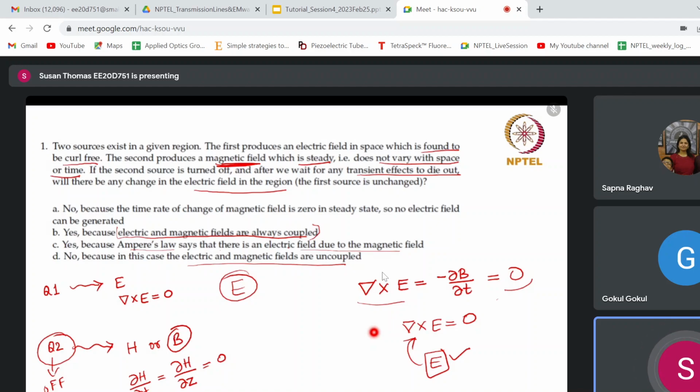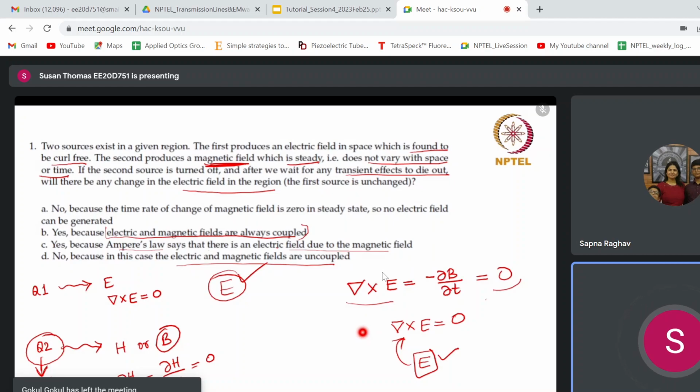This is a special case. So even if the source Q2 is off, there will still be the same electric field. Okay, so I hope this is clear. But in the general case, always remember electric and magnetic fields are coupled.